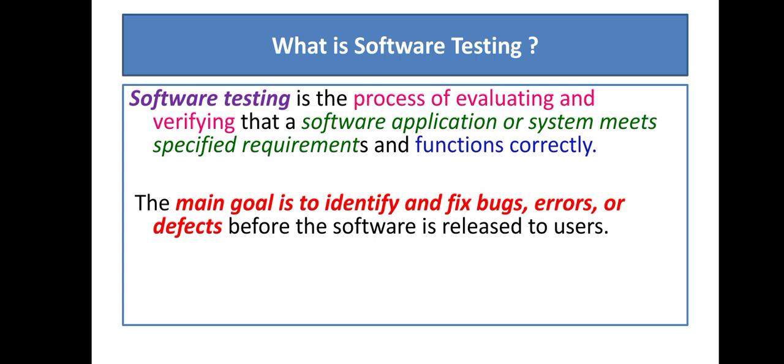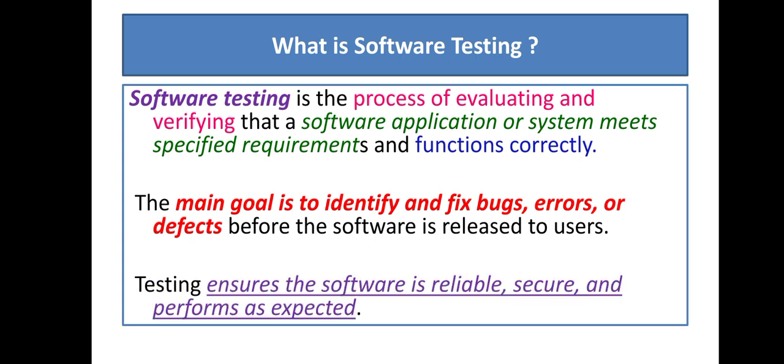The goal is to identify and fix the bugs, errors and defects before the software is released to the users. The aim is not just identifying the defects; it is to produce a defect-free product. That is the ultimate aim.